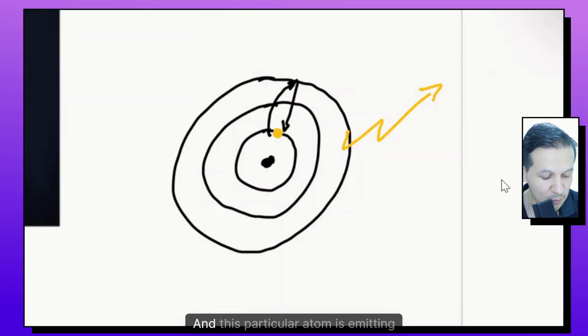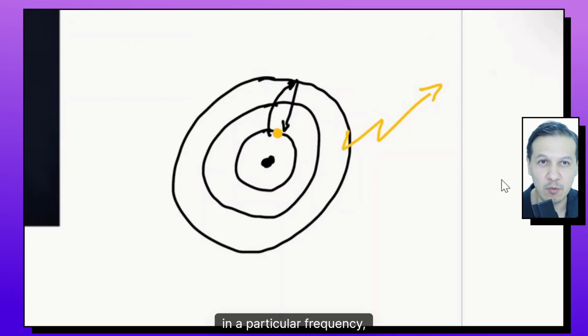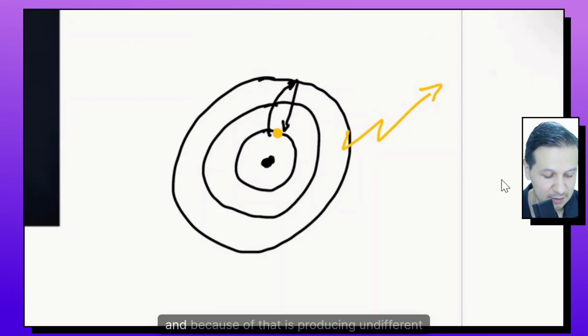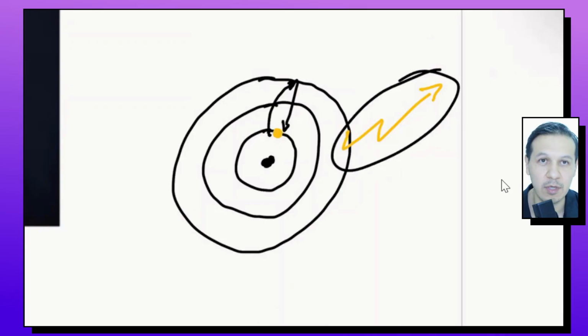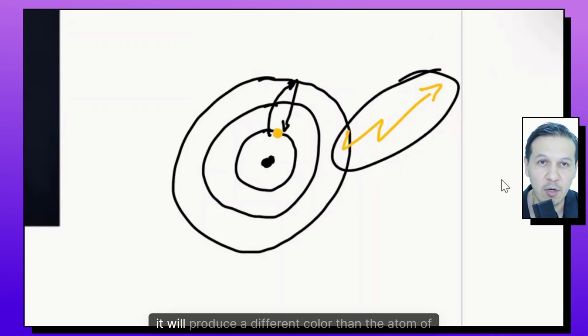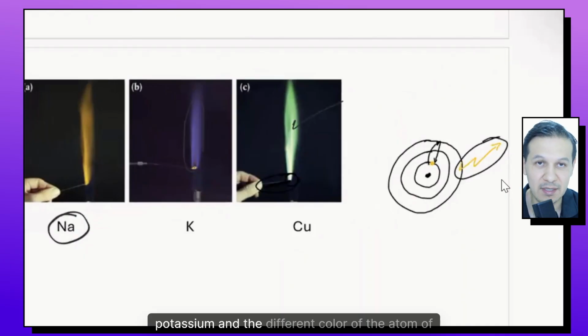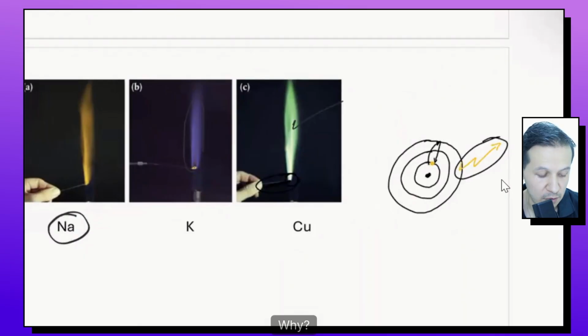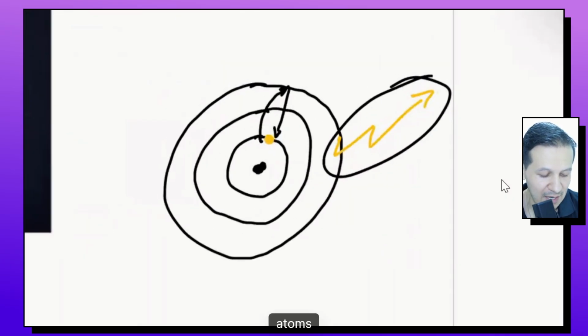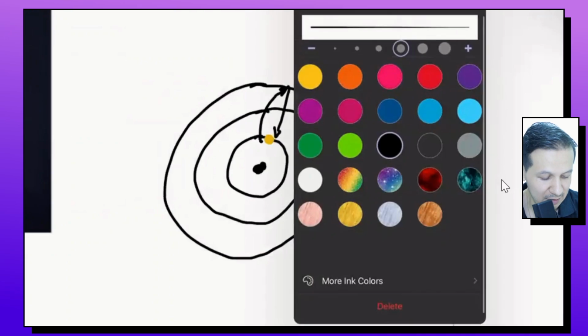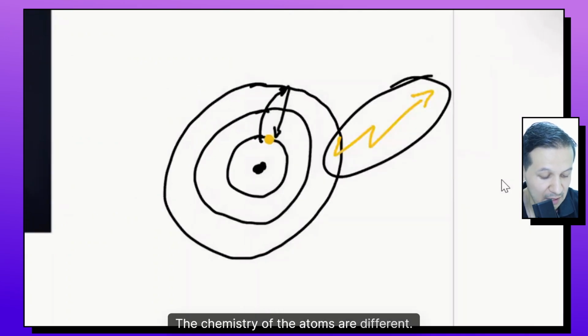In that moment, this particular atom is emitting at a particular frequency, a particular wavelength, and because of that it is producing a different color. So an atom of copper will produce a different color than an atom of potassium or an atom of sodium. Why? Because atoms are different.